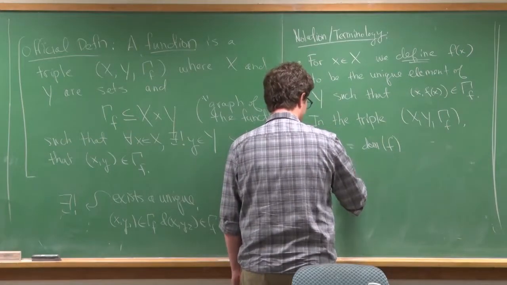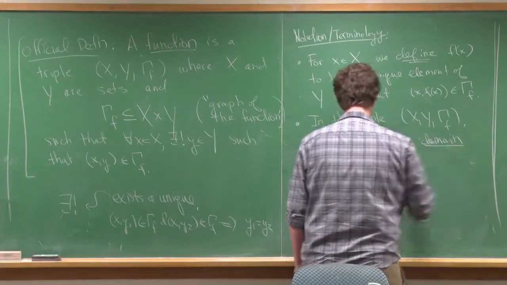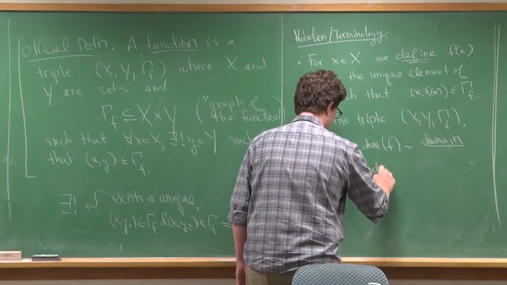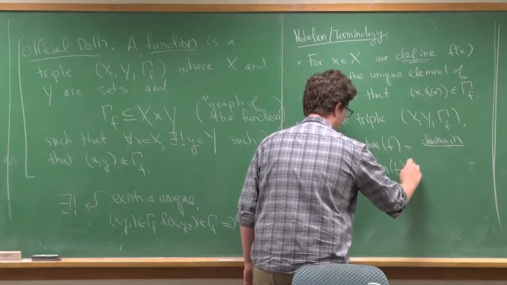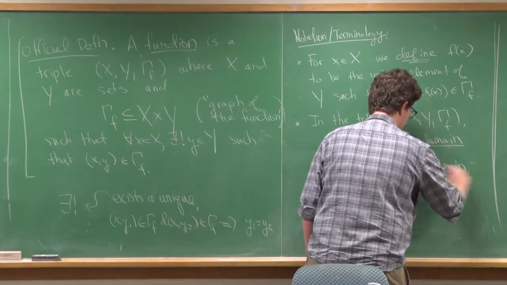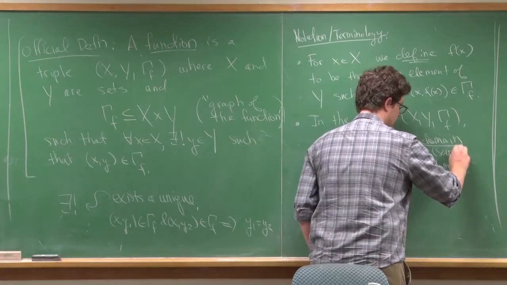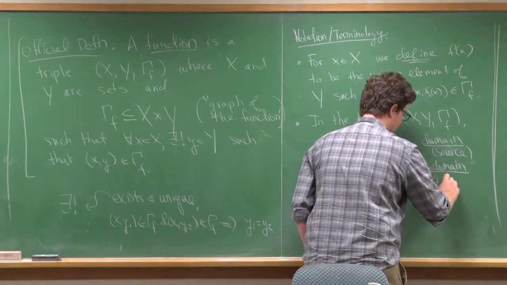Okay, so this is the domain. Y is called the codomain of f. This is the codomain. And sometimes this is called the source as well. Same thing, this is called the target.